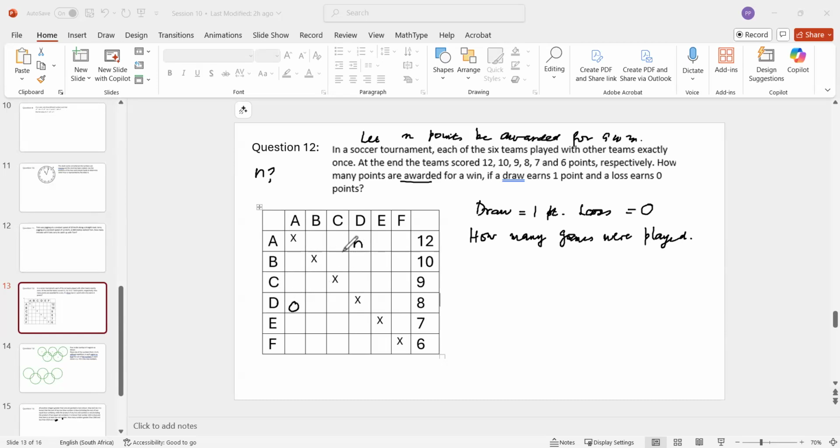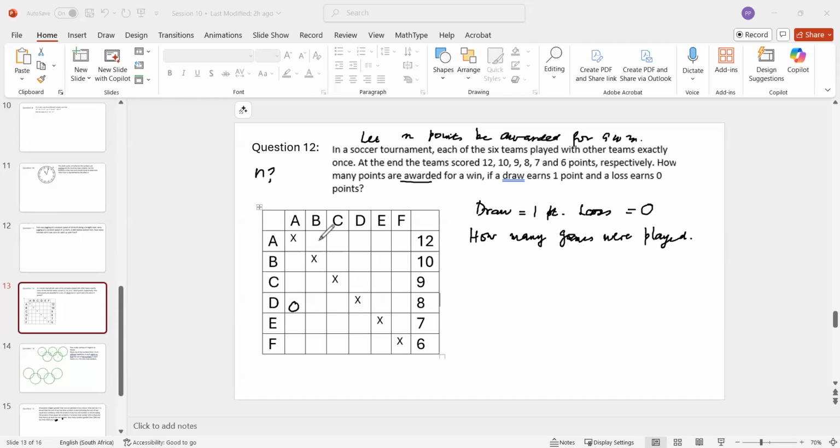So if you want to count the number of games, these crosses mean that B cannot play B, obviously. So you must rule them out. And then you want to count how many games there are. The answer is, you simply have to count how many games are played by looking at this.